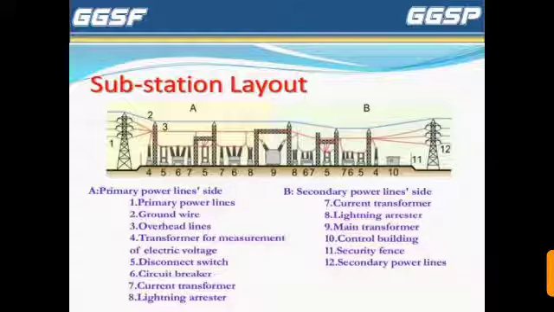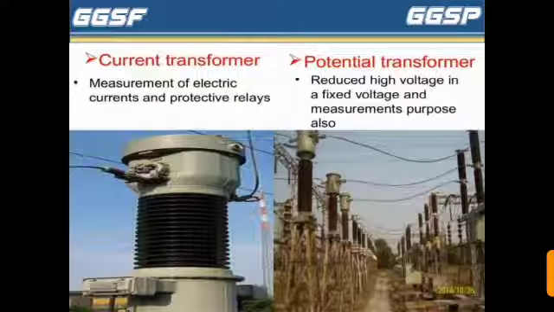Now next we will see the components of secondary power lines: current transformer, lightning arrestor, main transformer, control building, security fence, and secondary power lines. These are the components for primary power lines and secondary power lines. Next is current transformer.